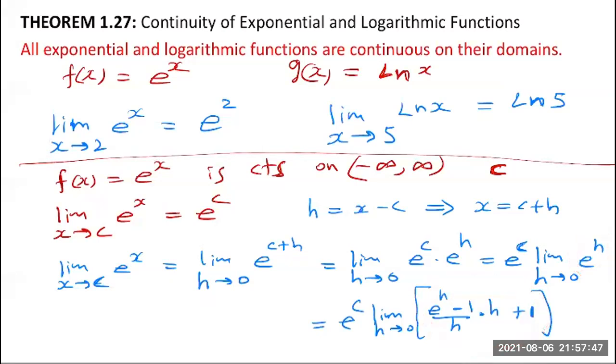Okay. What is the importance of writing it this way? Now I can take the limit of this expression and this expression. This is a product, right? So I can take the limit.